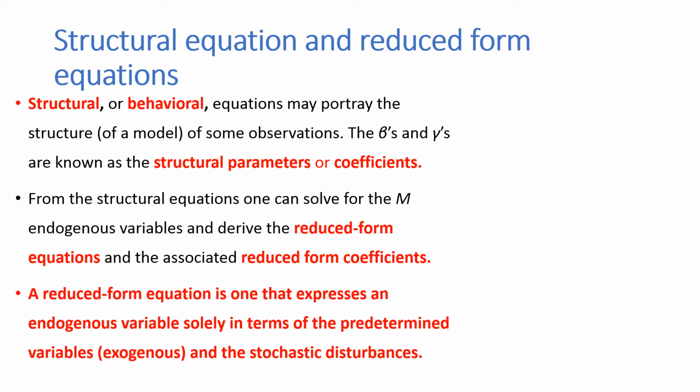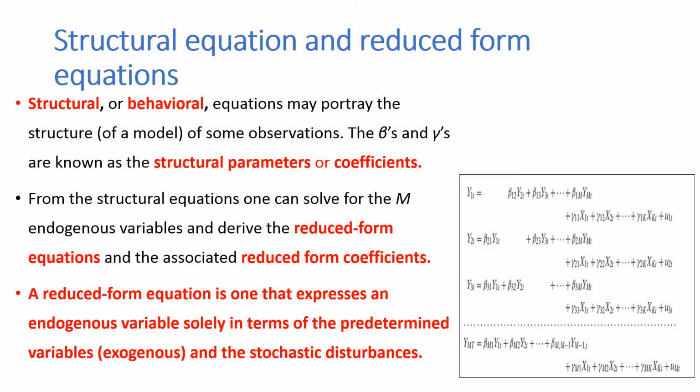After defining the endogenous and exogenous variable, now we will define what the structural equation and the reduced form equation are. Actually, this general form of simultaneous equation models is called structural equation. And also, this example given before is called a structural equation.